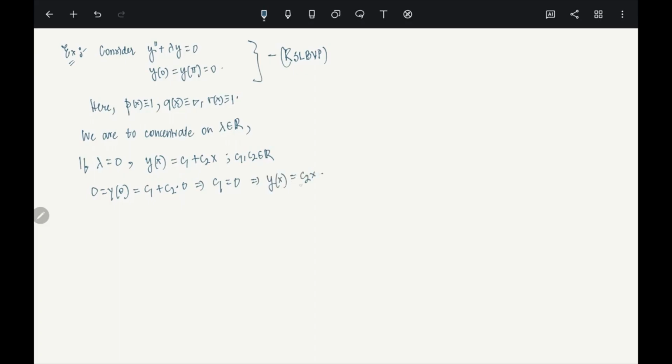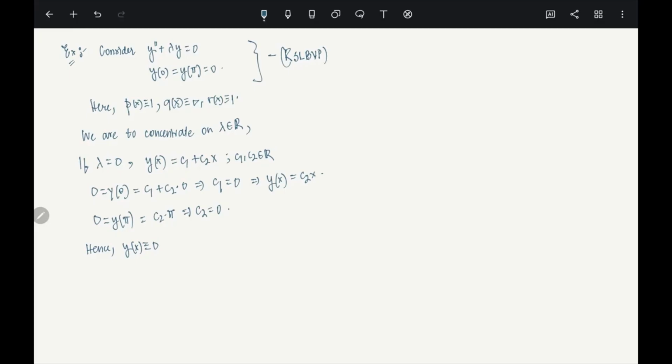It also has to satisfy the other condition: 0 equals y at the point pi, which is nothing but c2 times pi. So c2 times pi is 0, which implies c2 has to be 0. Hence c1 and c2 are 0, so y of x is identically 0. That is the only solution available.